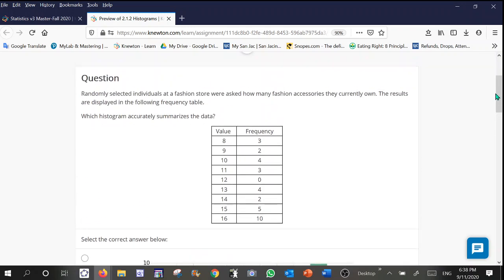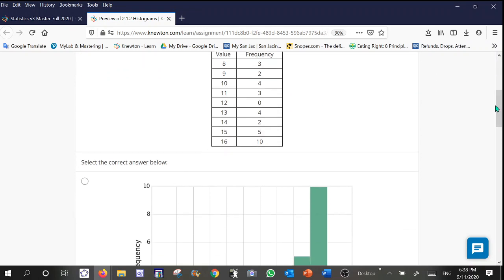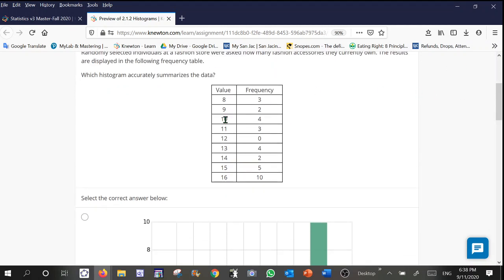Now, this is really easy because what's the smallest number? 8. And these are all integers. So you do 8 minus 0.5, which is 7.5, right? So 7.5 should be the smallest one, and the largest one should be 16.5.